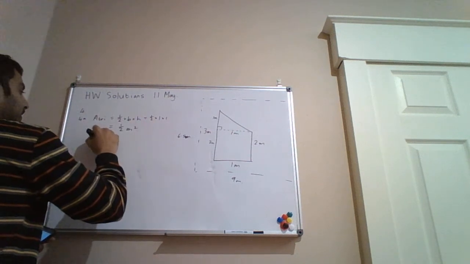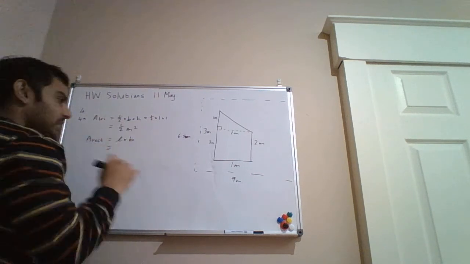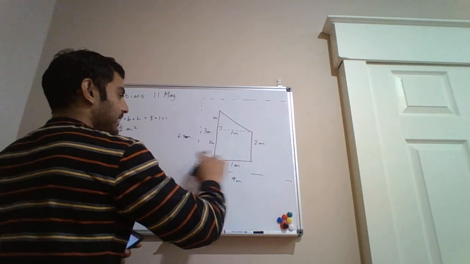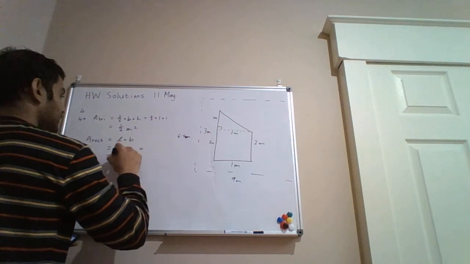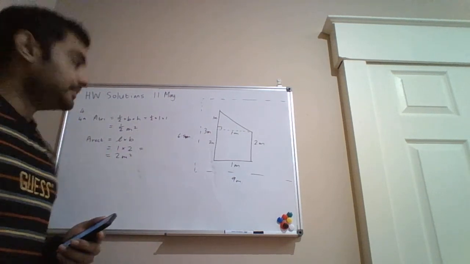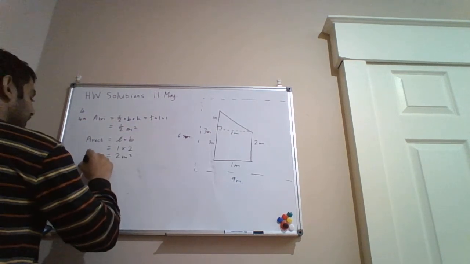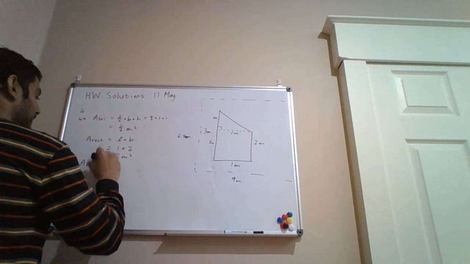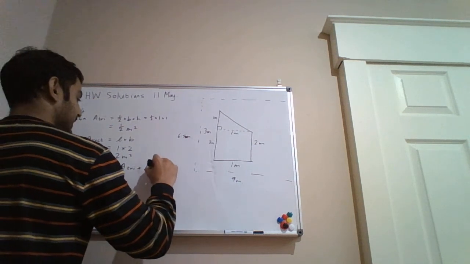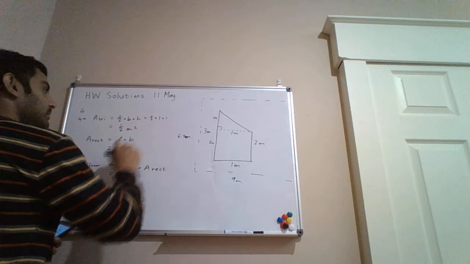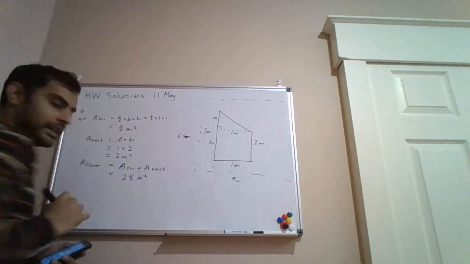Now the area of the rectangle equals length times breadth. So we've got 1 meter by 2 meters, 1 times 2, which is 2 meters squared. So now the area of the flower bed equals the area of the triangle plus the area of the rectangle, which comes out to 2.5 meters squared.